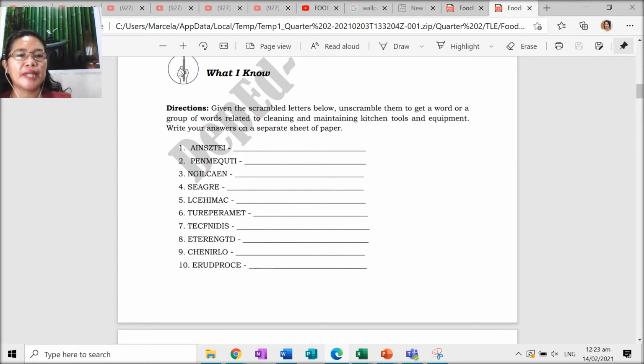Then write your answers on a separate sheet of paper. In answering this one, please don't forget to write your name, your section, and the module number. This is module number 2 in quarter 2. These are the scrambled letters, numbers 1 to 10. So you answer this one.